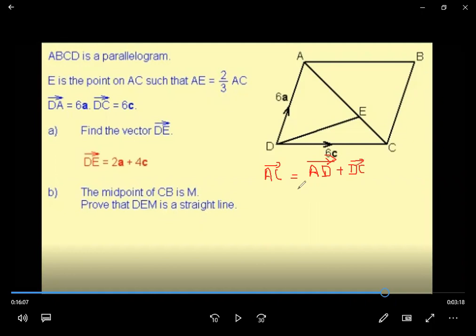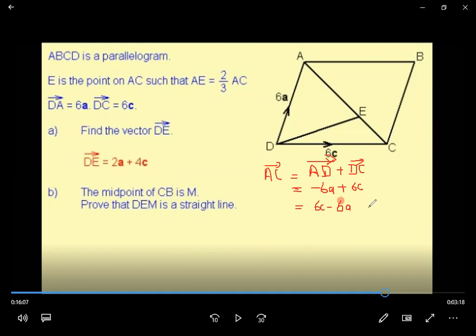AD is going to be negative 6a, plus 6c, which is the same as 6c minus 6a. So that is AC.